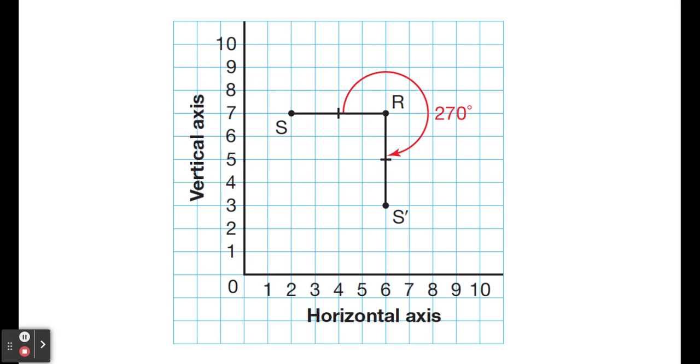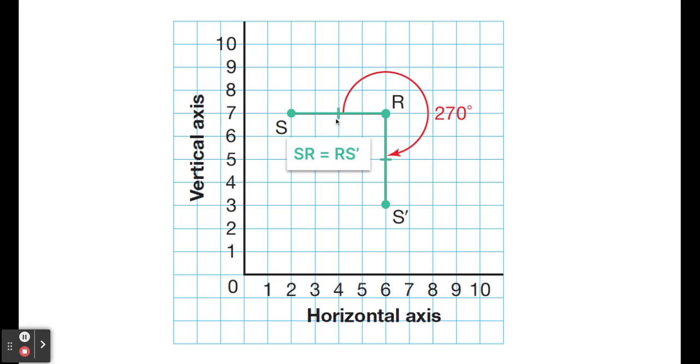Alrighty. The sides and their images in a rotation are related. So let's take a look at this one here. The distances of S and S prime from the point of rotation R are equal, such that SR equals RS prime.